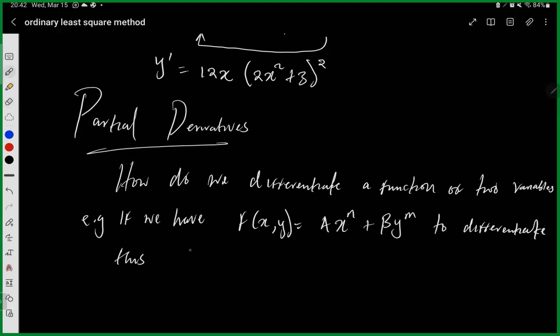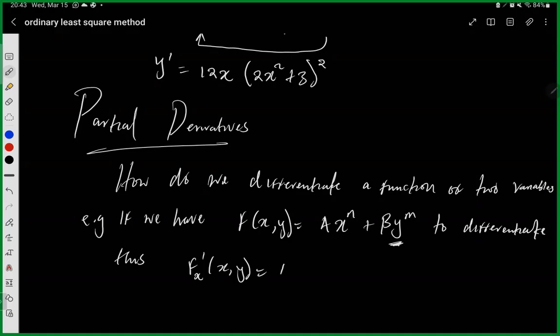To differentiate this, in case we're given a function like this, we say f prime x, which means the derivative of this function with respect to x. We hold the y term as a constant and differentiate where we have n.